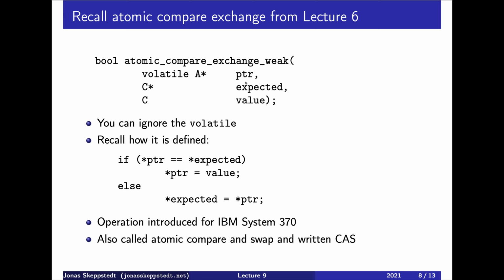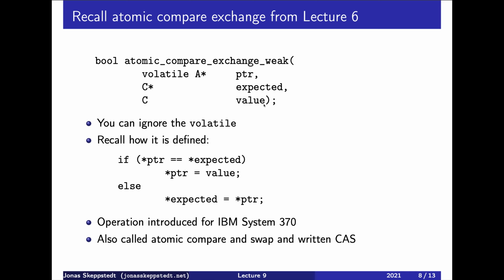Okay, so this pointer points to an atomic variable, and this expected points to a non-atomic variable. And if they are the same, then the value is written to the pointer. This is obviously one atomic operation. And if it's not, then this expected is instead updated to the current value of the atomic variable.